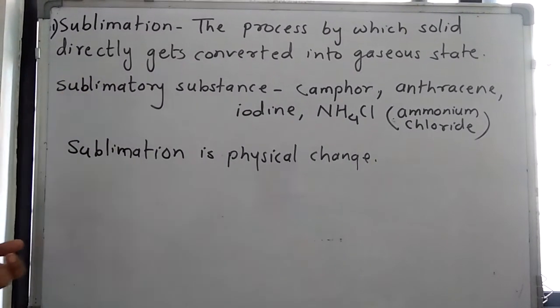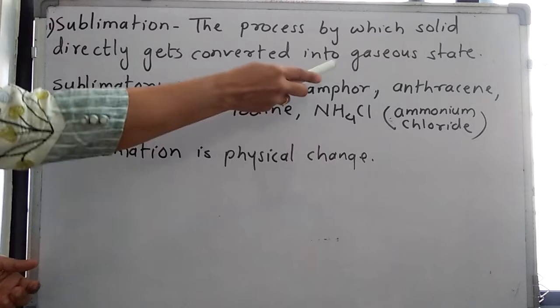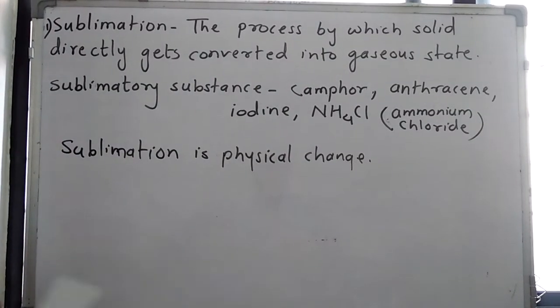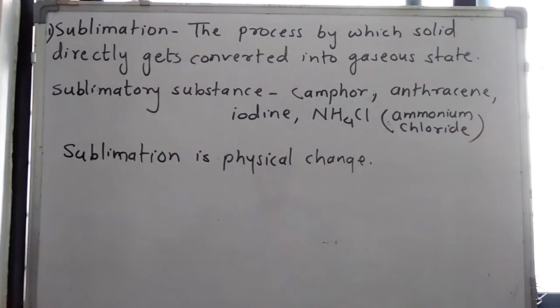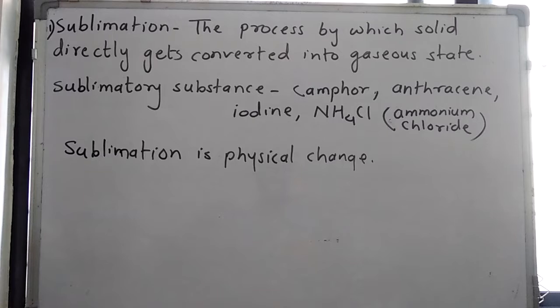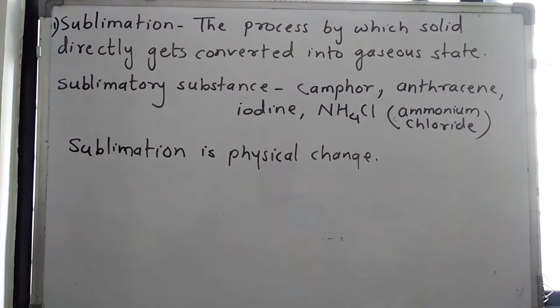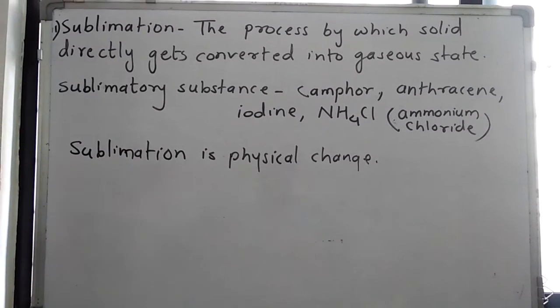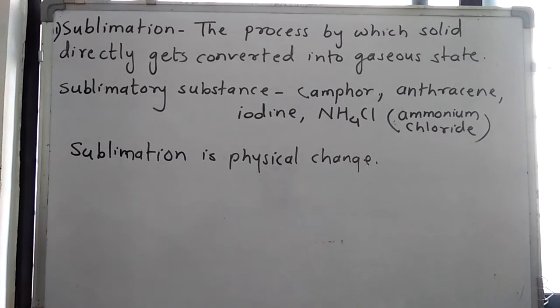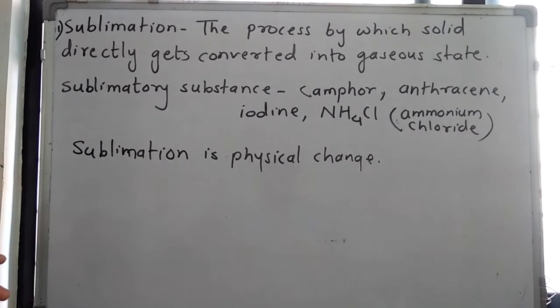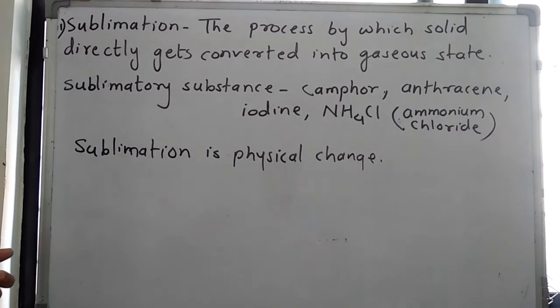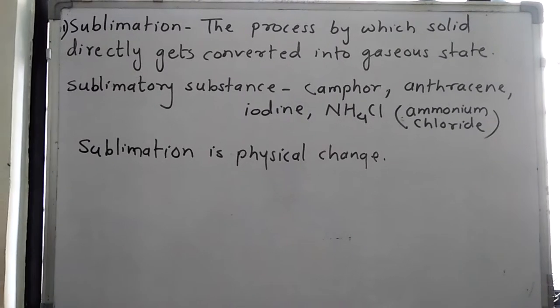So what are the sublimable substances? Camphor, anthracene, iodine, NH4Cl, that means ammonium chloride. These are the sublimable substances, and naphthalene balls are also sublimable substances. When we heat these substances, they directly get converted into the gaseous state.